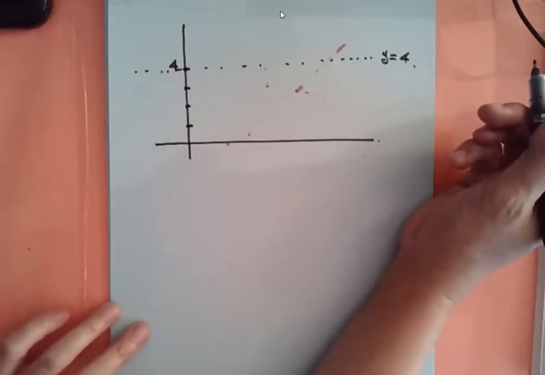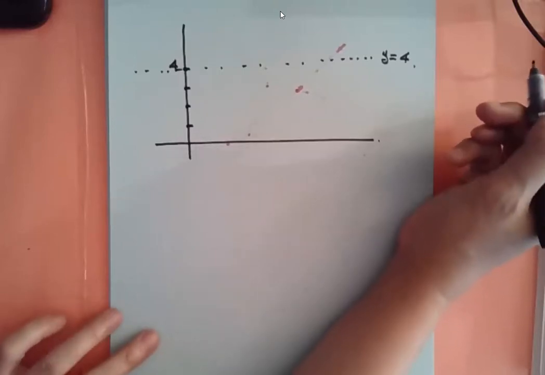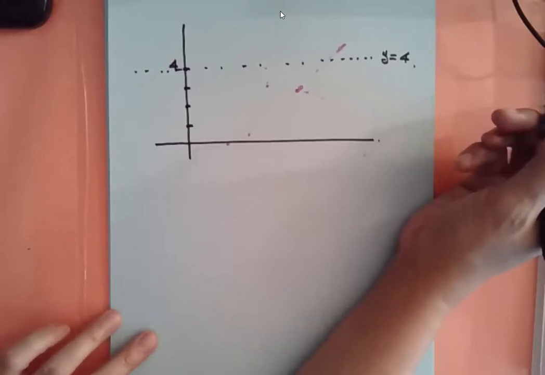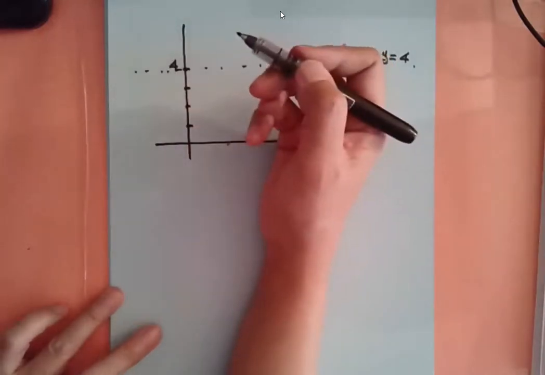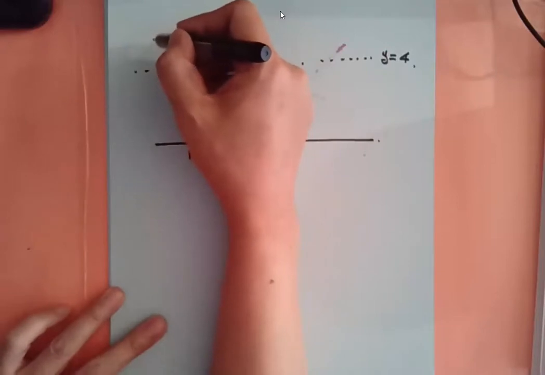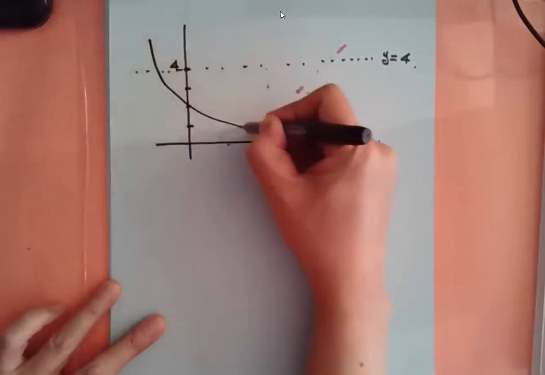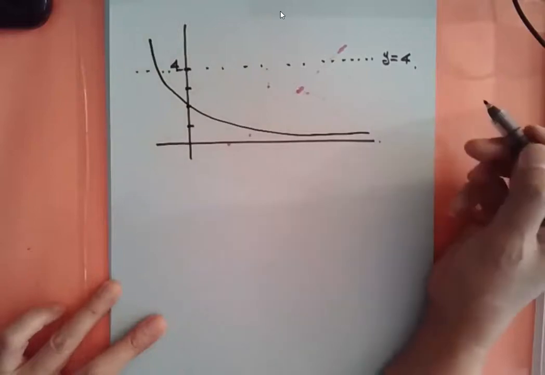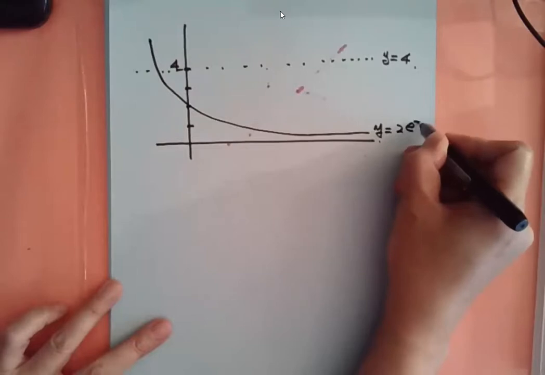And we have to think about y equals 2 times e to the minus x. Obviously, that is a decreasing function. And it passes 2 because when x equals 0, e to the 0 will make 1. So 2 times 1 will be 2. So the graph will look like this. This is y equals 2 times e to the minus x.